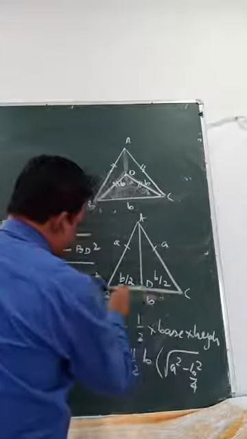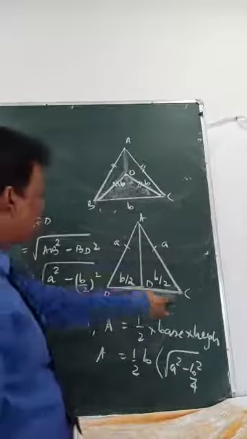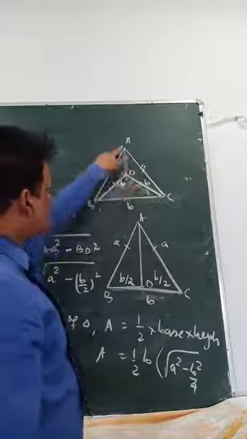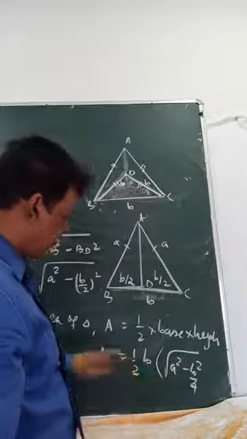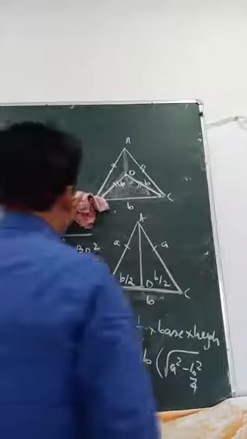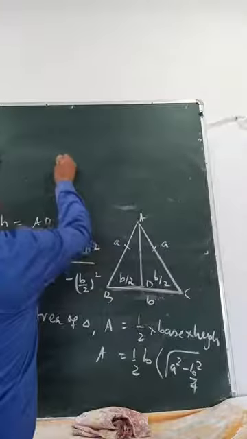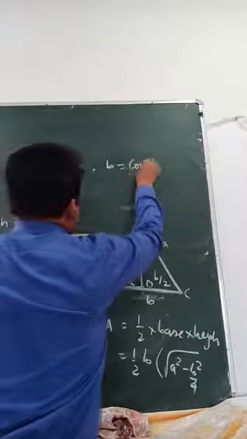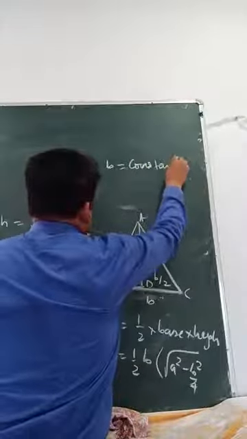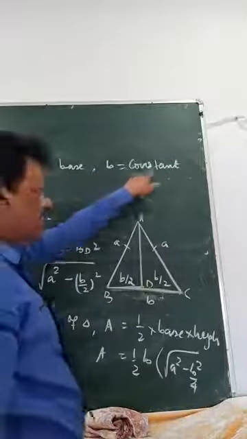You are told this is a fixed base. Fixed base means here B is constant, the base is not changing, only the sides are decreasing. So the base B is constant.